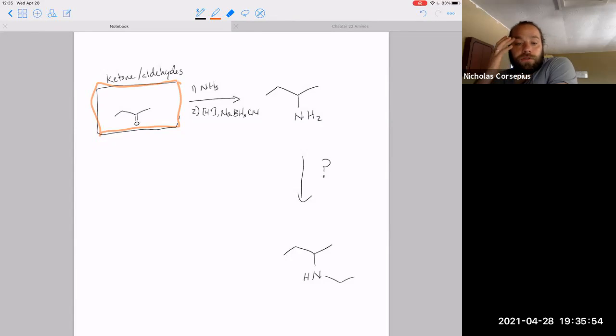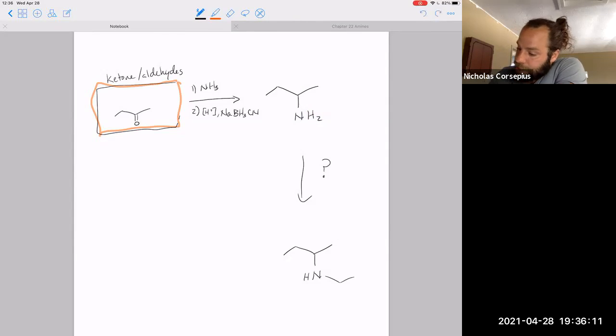No, you can't use Grignards with your amines for the same reason that you can't use Grignards with alcohols. And that's because of this proton right here, right?